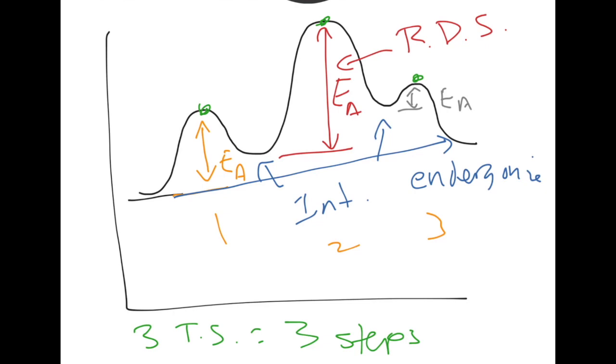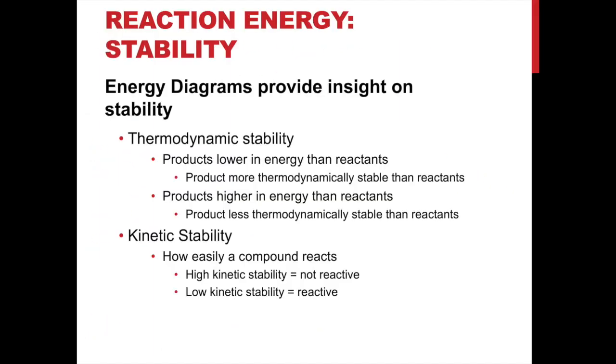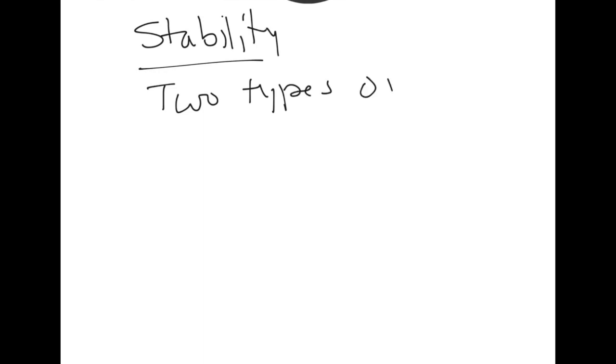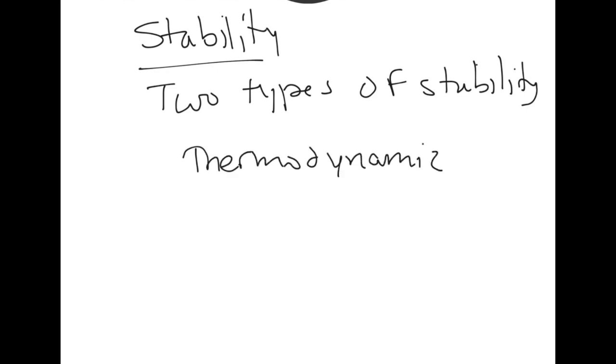Okay. So we can do rates. We can also talk about stabilities from reaction coordinate diagrams. And there are two types of stability. There's thermodynamic stability, right?